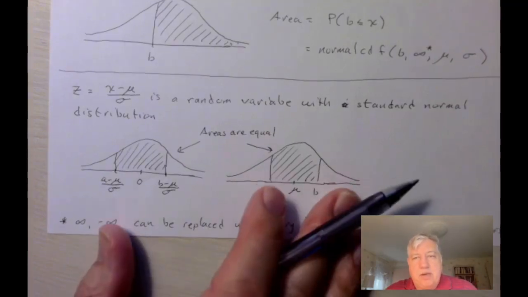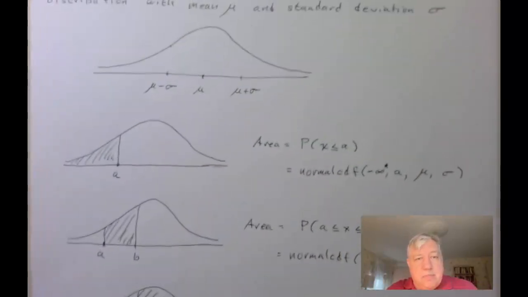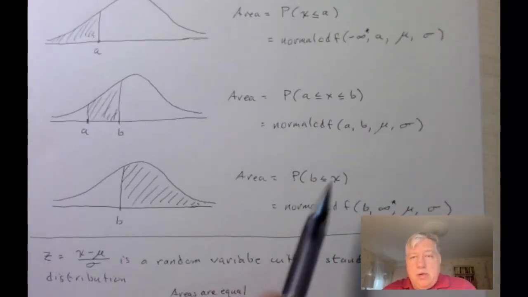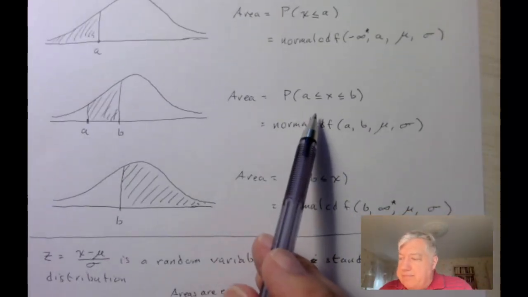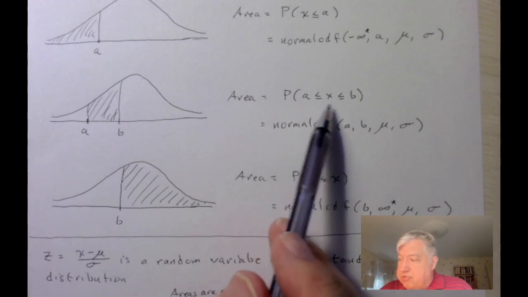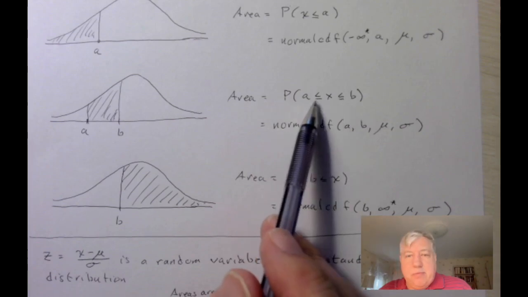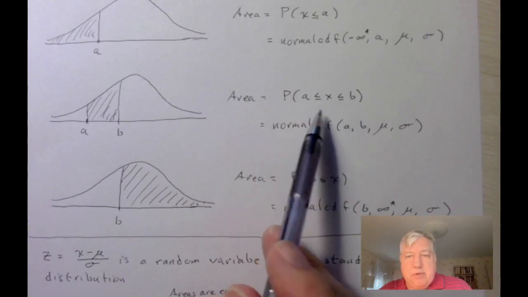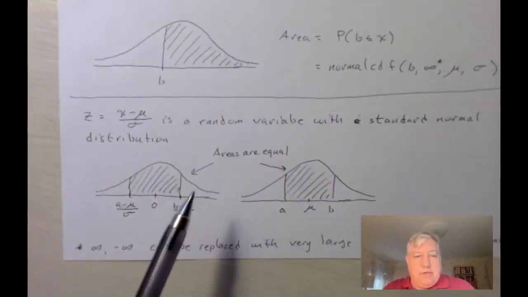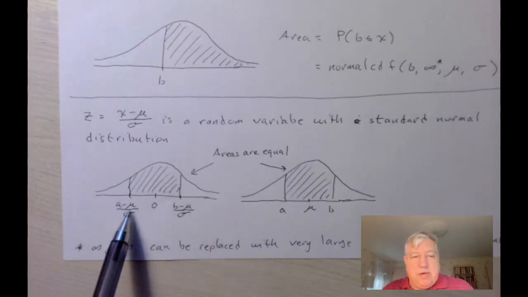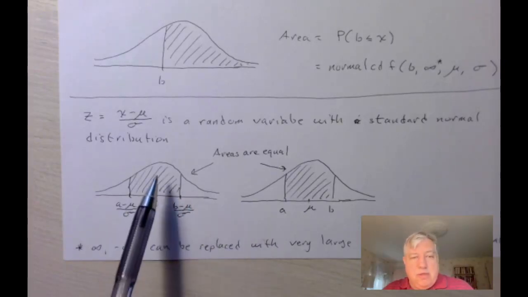Because up here you could subtract mu from all of these, and then divide by sigma, and you get this inequality that z is between this number and this number. So these areas are equal.